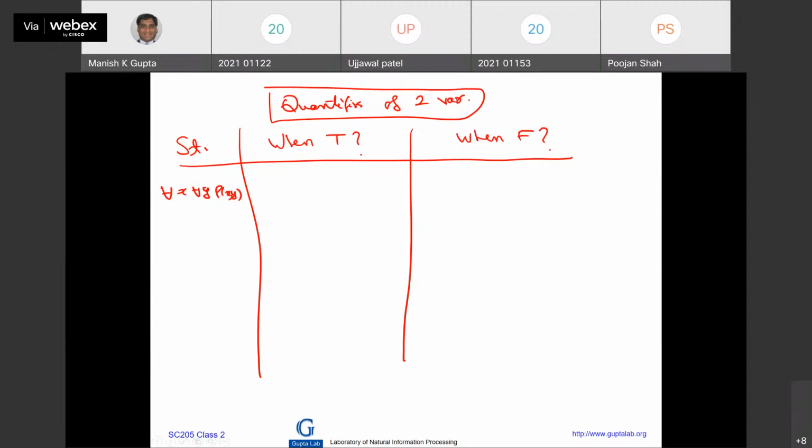That means P(x,y) is true for every pair x, y. So when it is true, P(x,y) is true for every pair of x, y. And when false, there is a pair x, y for which P(x,y) is false.